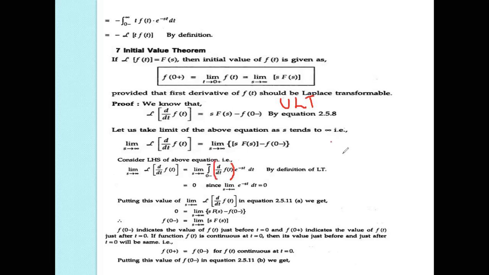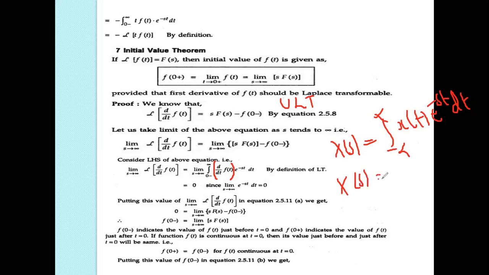So actually X of s is equal to integral minus infinity to infinity x of t e power minus st dt, the Laplace transformation. For unilateral Laplace transformation it is integral 0 minus to infinity x of t e power minus st dt.